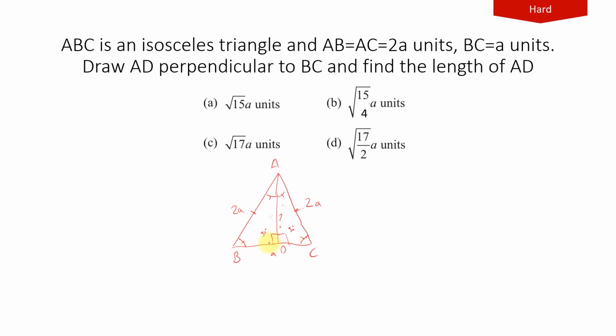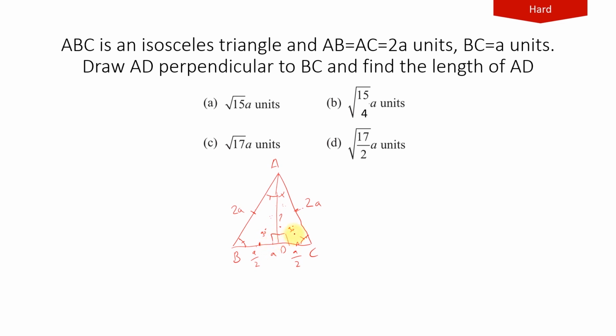When we know that these are congruent triangles, that is side BD is equal to side CD, then we can say that D is the midpoint of side BC. So BD and CD are A by 2. The whole side was A, and D is dividing it into A by 2 and A by 2.